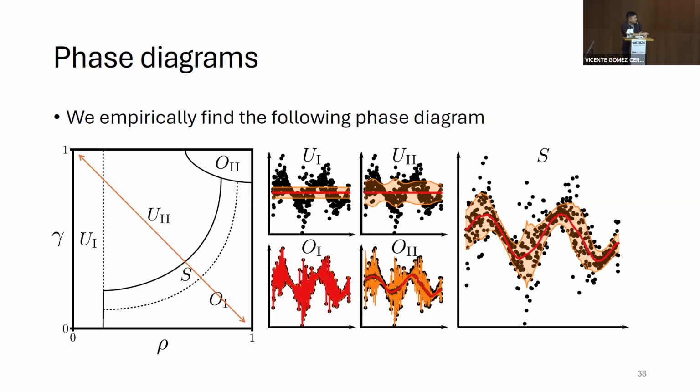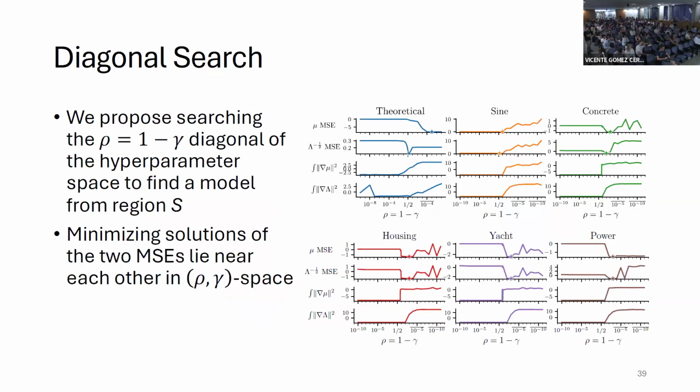Yeah, that's what we're suggesting in this drawing: instead of searching over the entire rho-gamma square, just look along this orange line. So instead of a 2D search space, we're looking at a 1D search space. You only look at the diagonal line? Exactly. That's what this plot is, that diagonal line, but rotated. Okay, got it. Thank you.